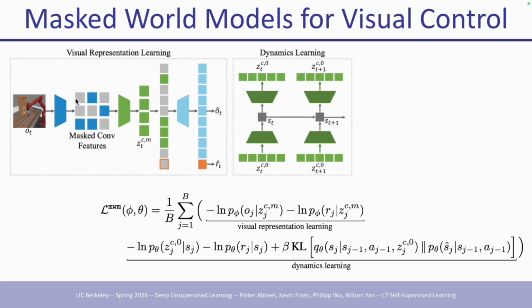Specifically, Youngyo makes a couple of changes here that are actually quite important. The first one is to pass the original image through some conv layers first. And we'll talk about why that's important. And then in the reconstruction space, we're also going to pass in a mask token for the reward, because we're going to reconstruct the reward as well.